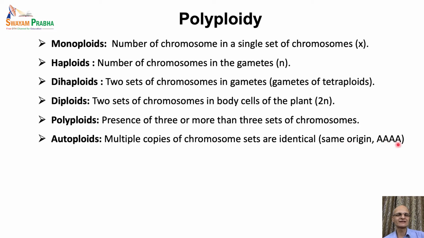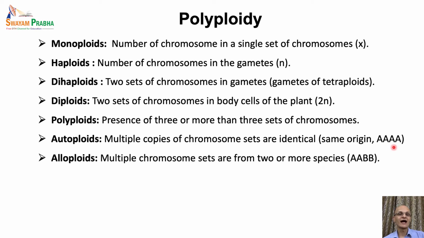It means letter A represents the one chromosome set, and it says that there are four sets of chromosomes. However, they are replicated from the same chromosome set, and so they just originated from the doubling of the chromosomes from a particular species, and they are called autoploids.